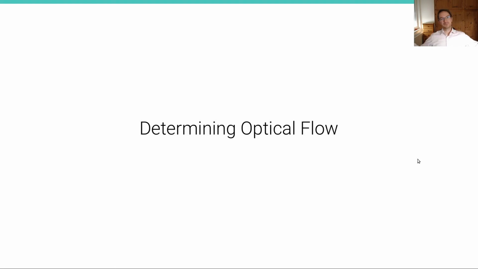Good. Now we know what optical flow is. Now we just need to determine it. And there's a seminal paper by Horn-Schunck that's called Determining Optical Flow, and it has created thousands of follow-up papers on this topic.